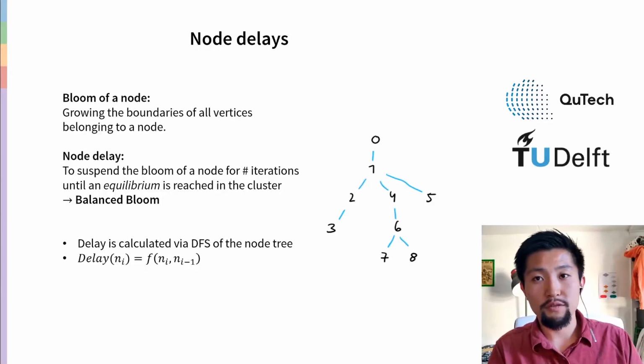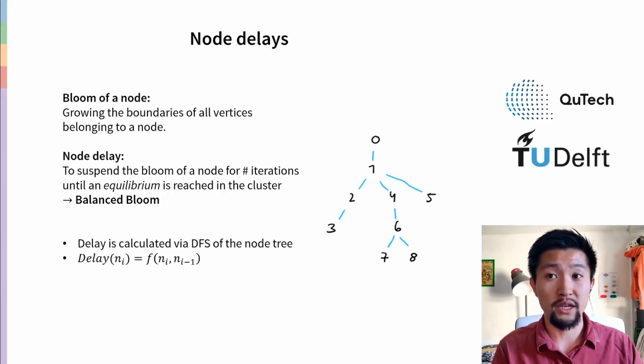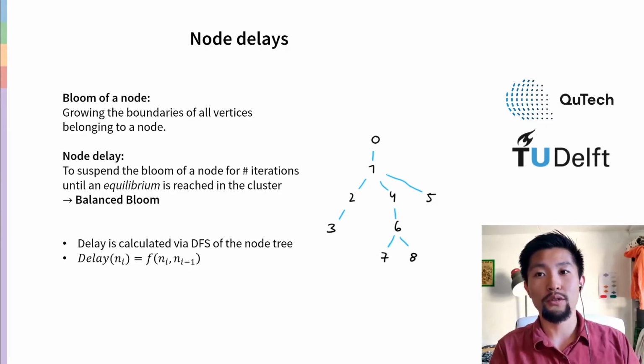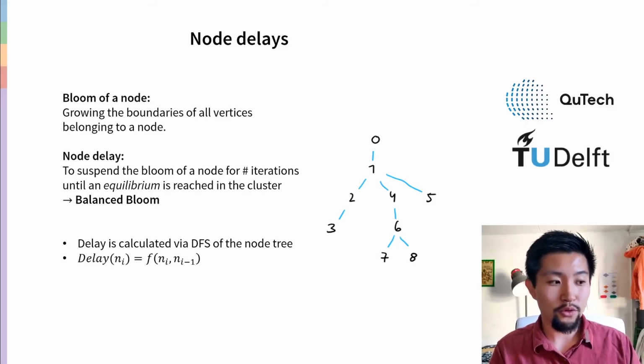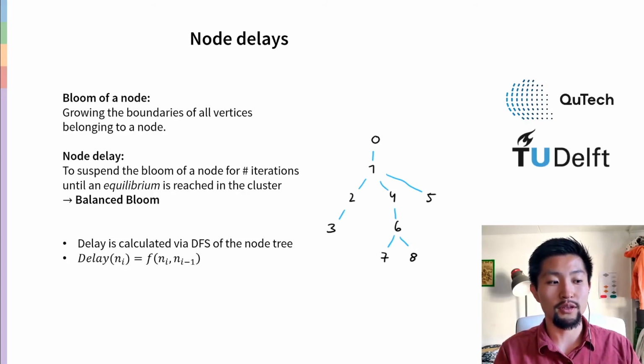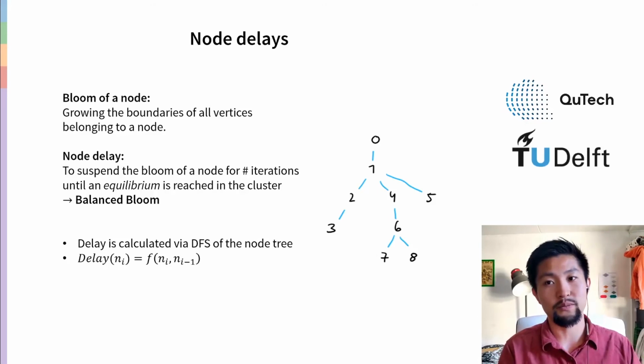So given the definition of a node, which is a set of vertices with the same potential matching weight, we define here the bloom of a node, which is growing all the boundaries of all vertices belonging to that node. So the growth of a cluster is now equivalent to the separate blooms of all the nodes within the node set of that cluster.